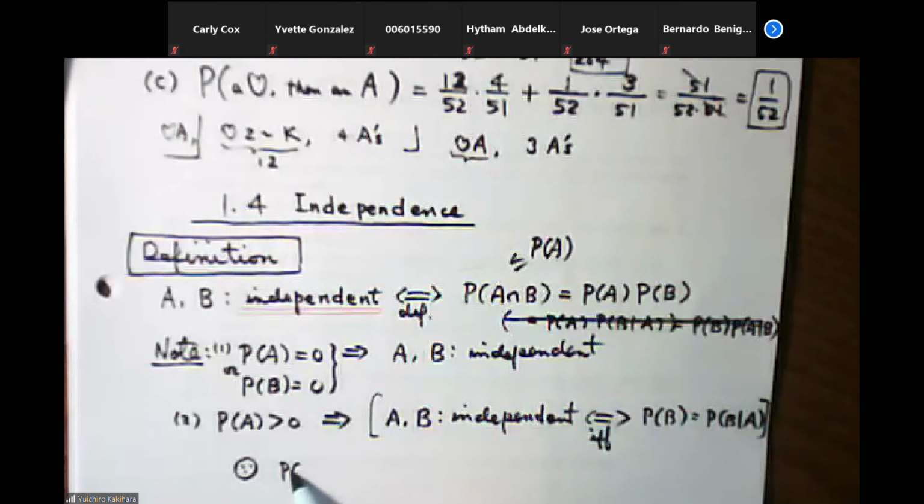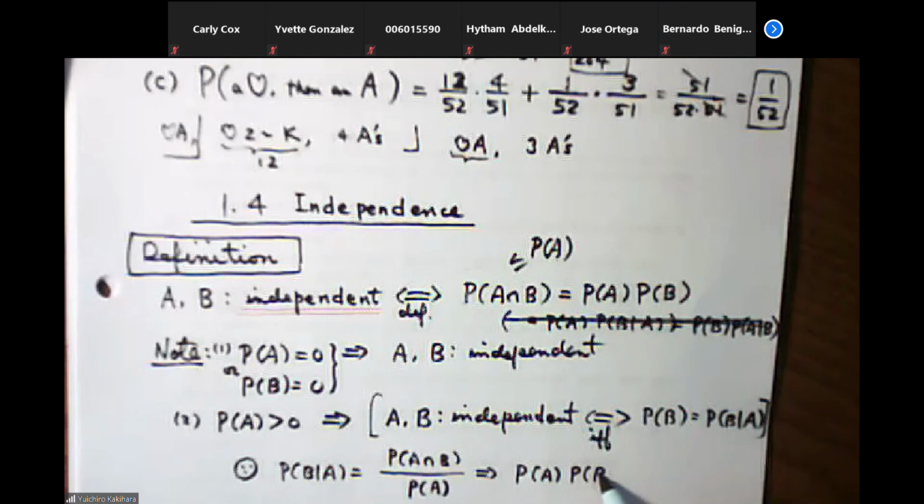So P of B conditioned by A is P of A intersection B divided by P of A. So necessarily P of A times P of B conditioned by A is equal to P of A intersection B. Then if independent, this probability must be equal to P of A times P of B. So necessarily this must be P of B. This implies P of B must be P of B conditioned by A. A and B are independent.